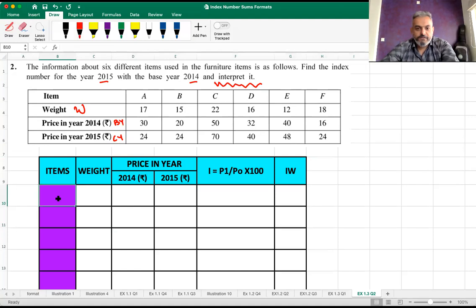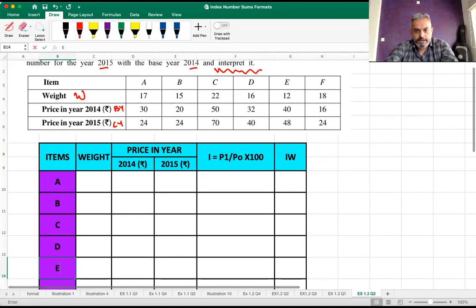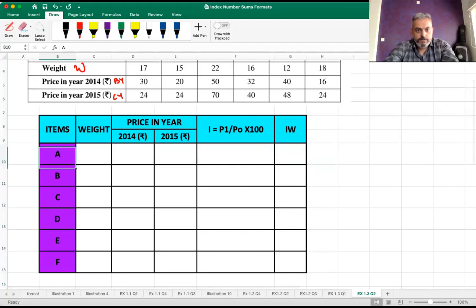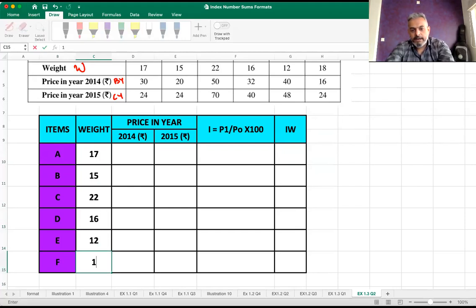Now the format is ready. I've already made the format. You start making it. A, B, C, D, E, and F. Weights 17, 15, 22, 16, 12, and 18.